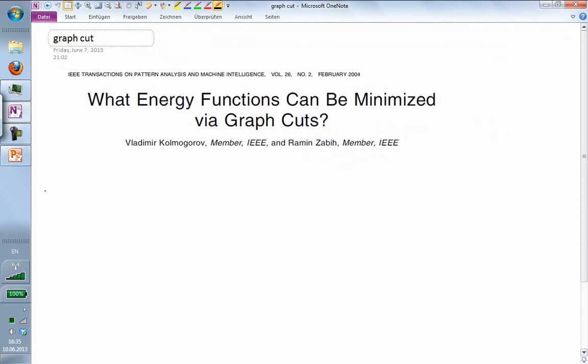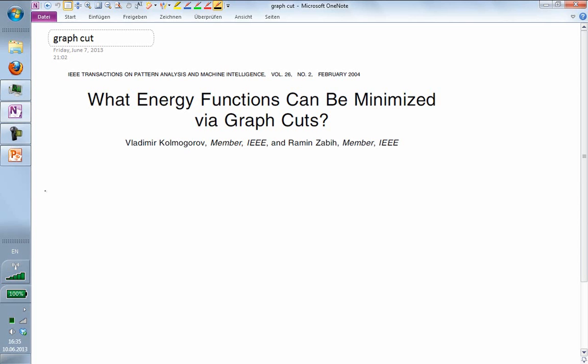And this paper starts with two definitions, namely, what is graph representable? So which energy functions can be represented by a graph so that finding the minimum cut in the graph amounts to solving the original problem.